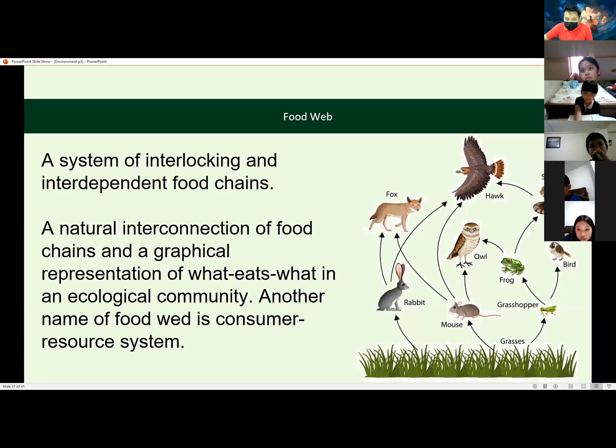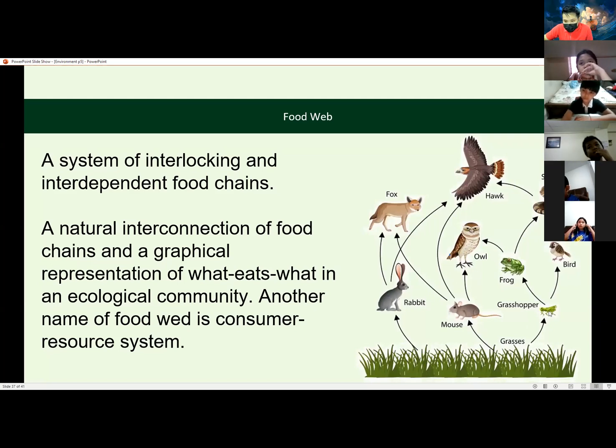9. 9, let's count. So we have the grass, rabbit, fox. That is 1. Grass, rabbit, hawk. 2. Grass, mouse, fox. 3. Grass, mouse, hawk. 4. Grass, mouse, owl. 5.